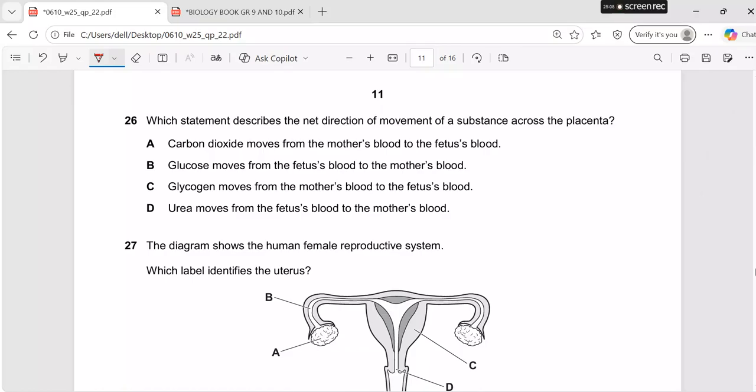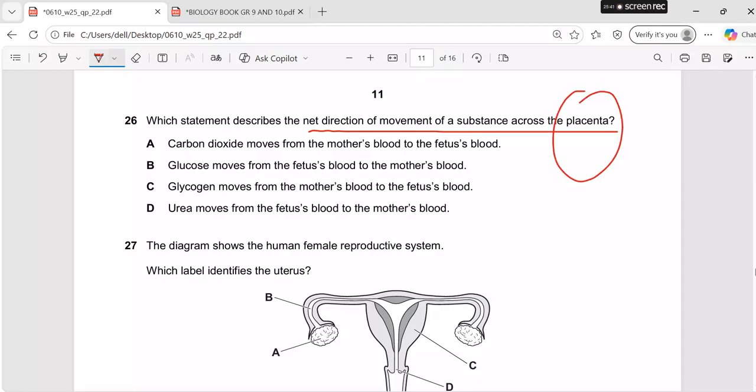26. Which statement describes the net direction of the movement of a substance across the placenta? So what you have to do is see which statement is describing the direction of movement of a substance across the placenta.